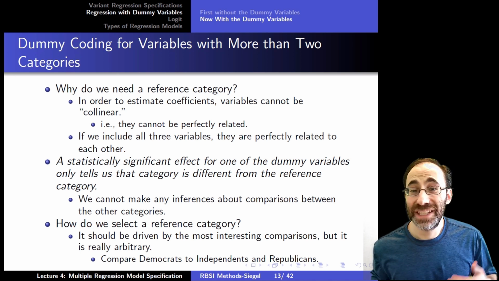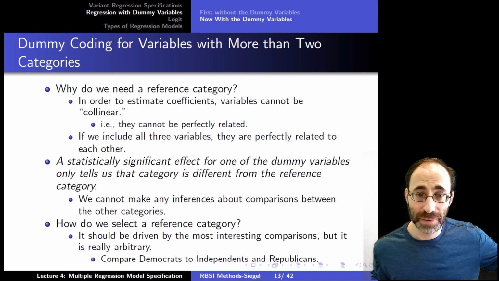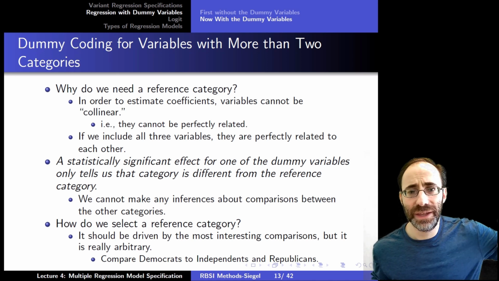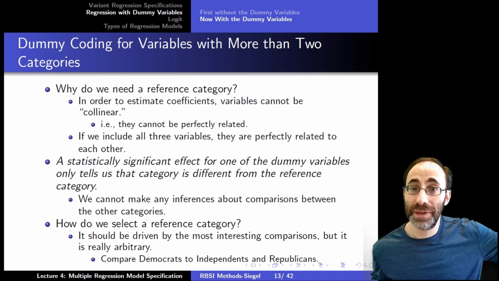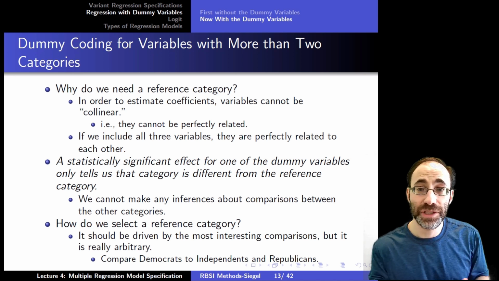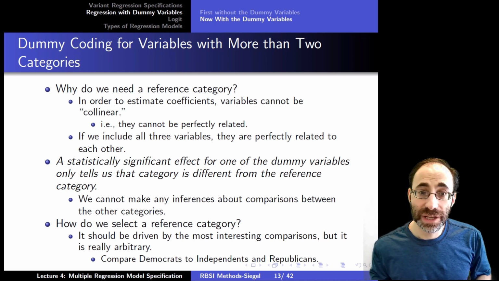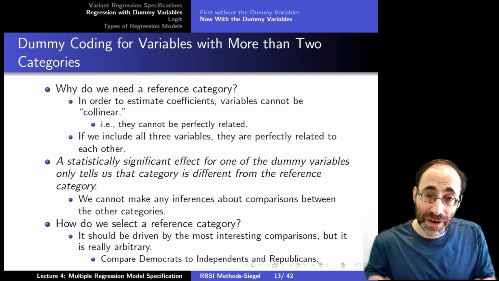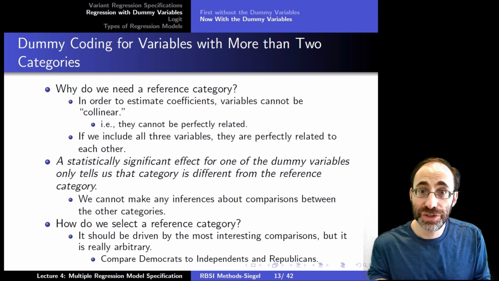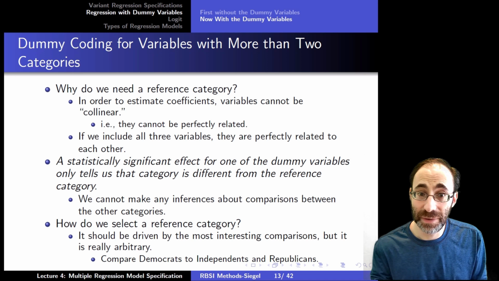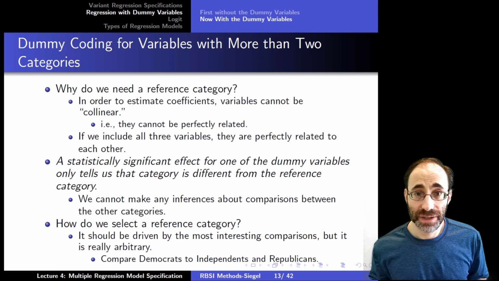And the reason is, in order to estimate coefficients, as we saw in the matrix multiplication module, where we discussed matrix multiplication and determinants and inverses, if we have variables that are too closely collinear, that are too closely correlated, or even the same, we cannot then calculate coefficients.